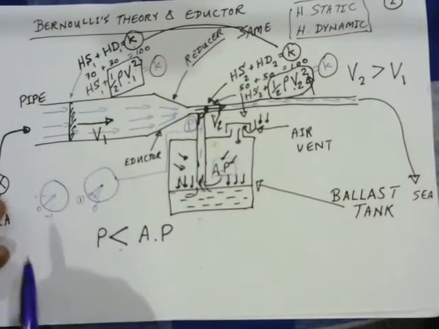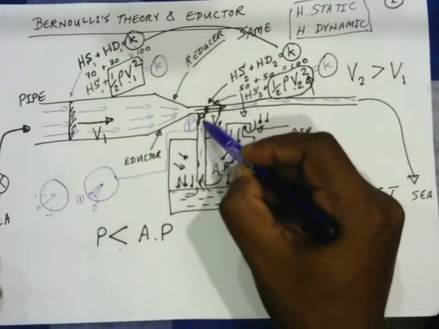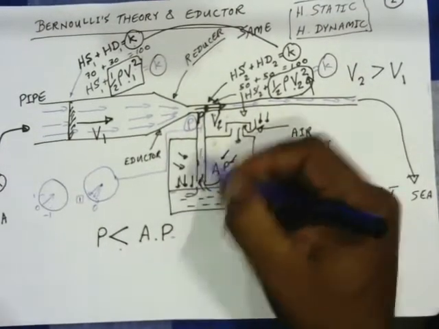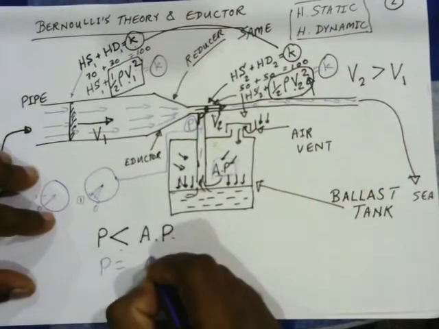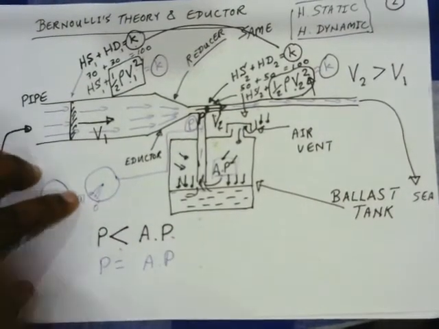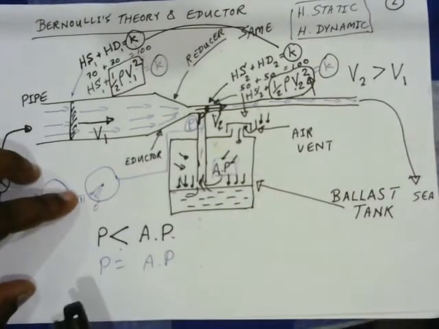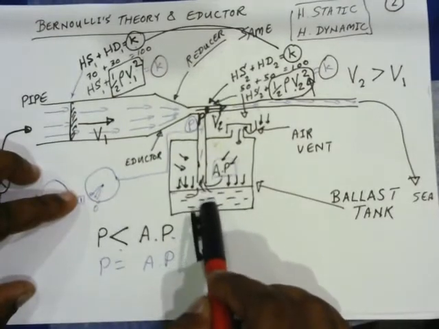So it doesn't matter what type of pressure gauge you are using. In any case, this pressure should go less than atmospheric pressure. Otherwise, if it equals atmospheric pressure, nothing will happen. This water will stay and nothing will happen to it.